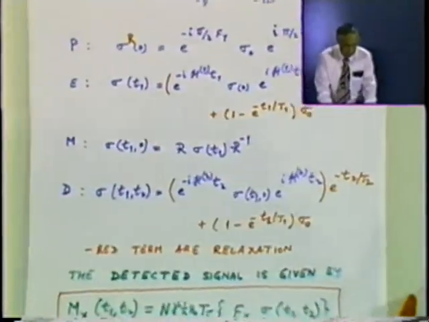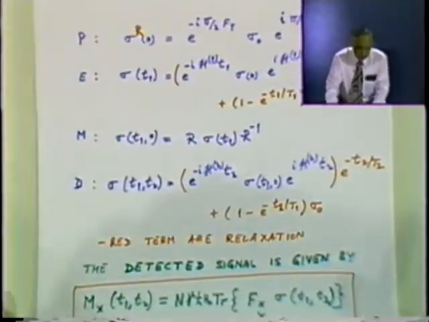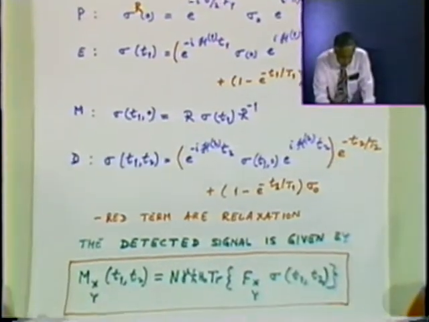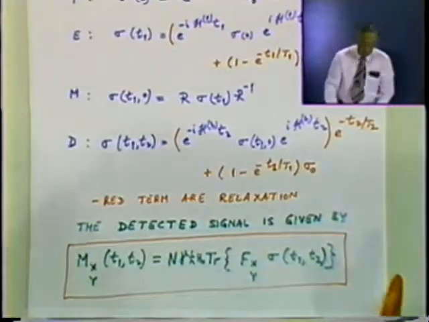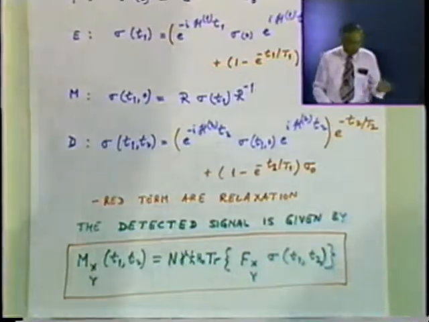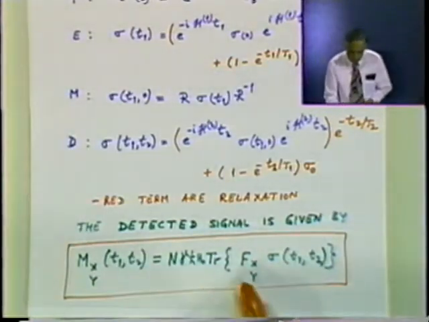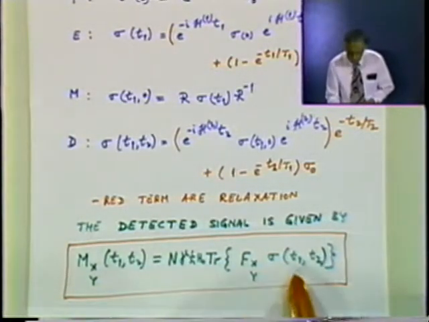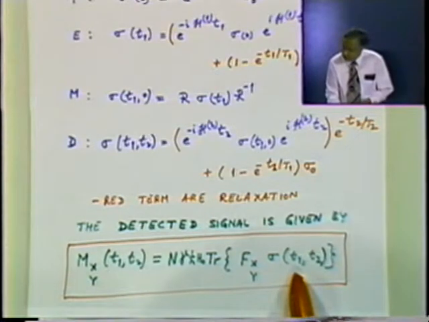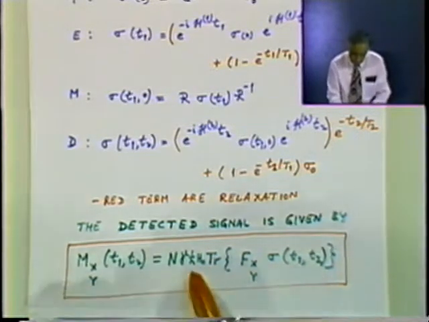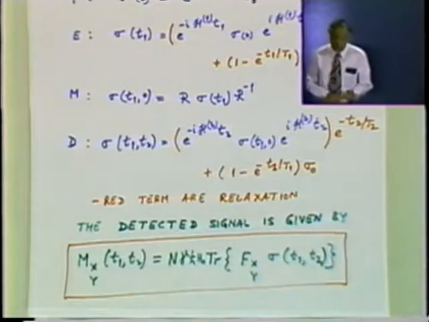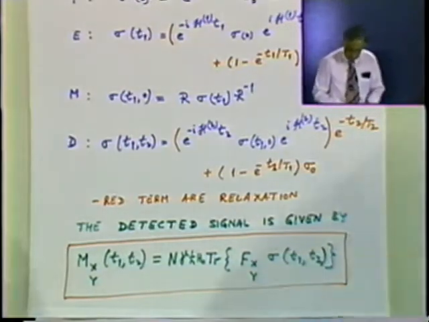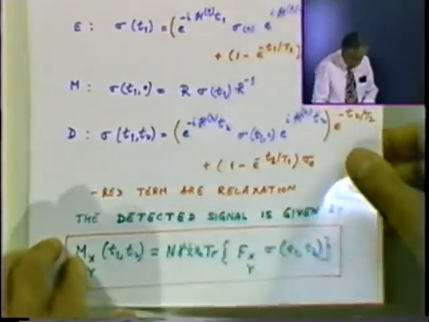Okay, so the red terms are the relaxation terms, and the detected signal, for example, if I want to detect the x component or the y component, is simply given by the trace of that particular operator with the density matrix at time t1 and t2. And the constants I have written down here, but I'm going to drop them in the very next transparency.